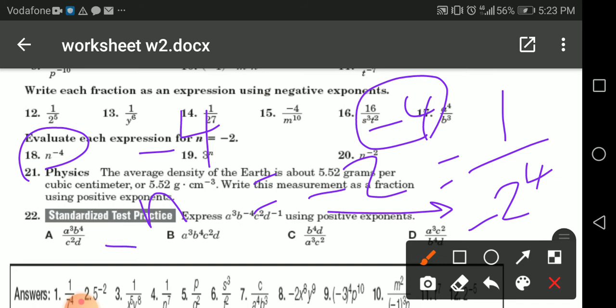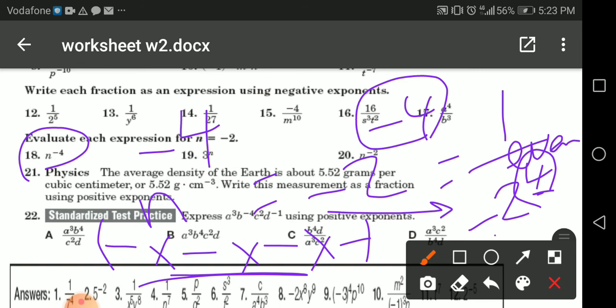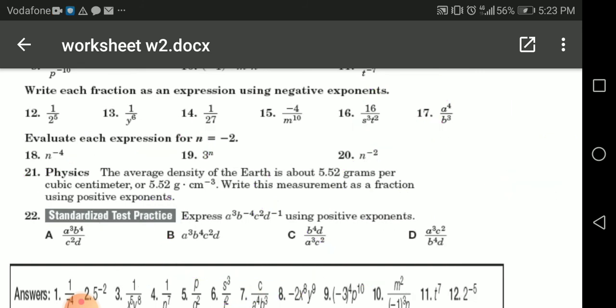Remember, guys, when we have a negative base and the power is even, it always gives a positive result. Negative multiplied by negative is positive, multiplied by negative is negative, multiplied by negative is positive. So the even power gives you a positive sign. So it will be 2 to the fourth power: 2 times 2 is 4, 4 times 2 is 8, 8 times 2 is 16.